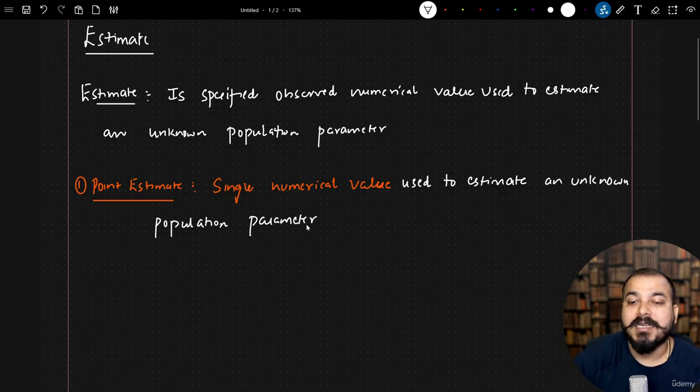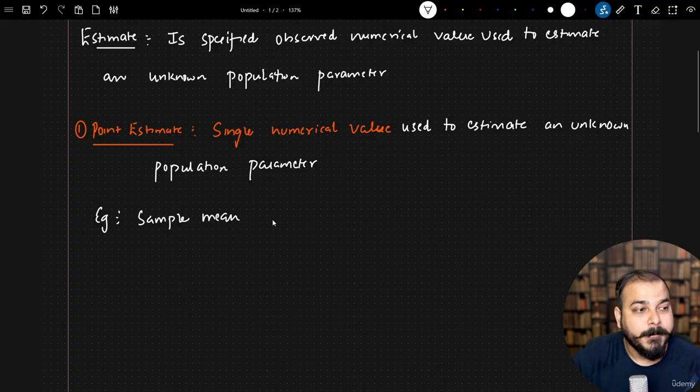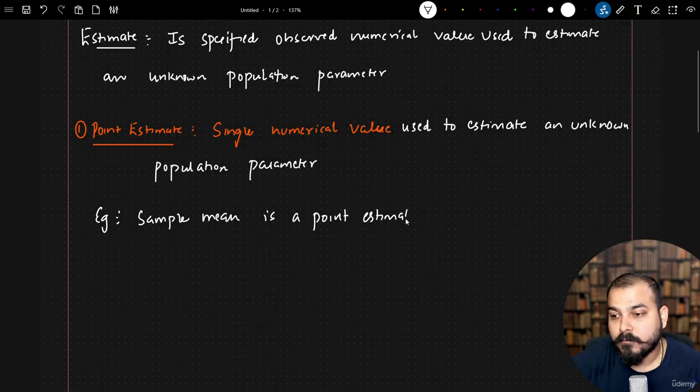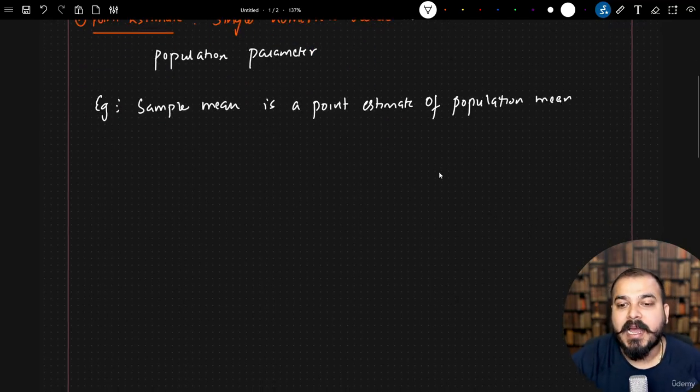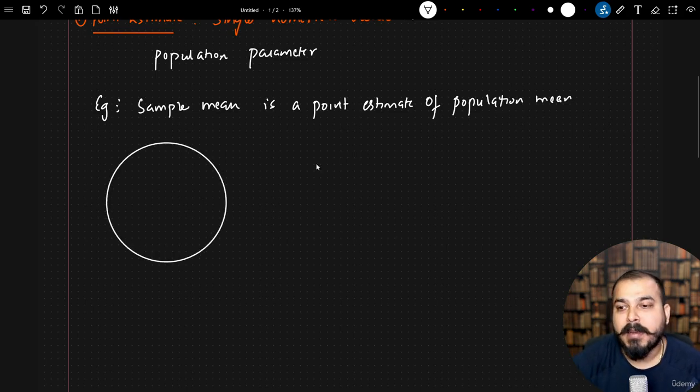Now let's discuss this with an example. What exactly is a point estimate? One example can be a sample mean. Sample mean is a point estimate of population mean, right? Let's say this is my population.